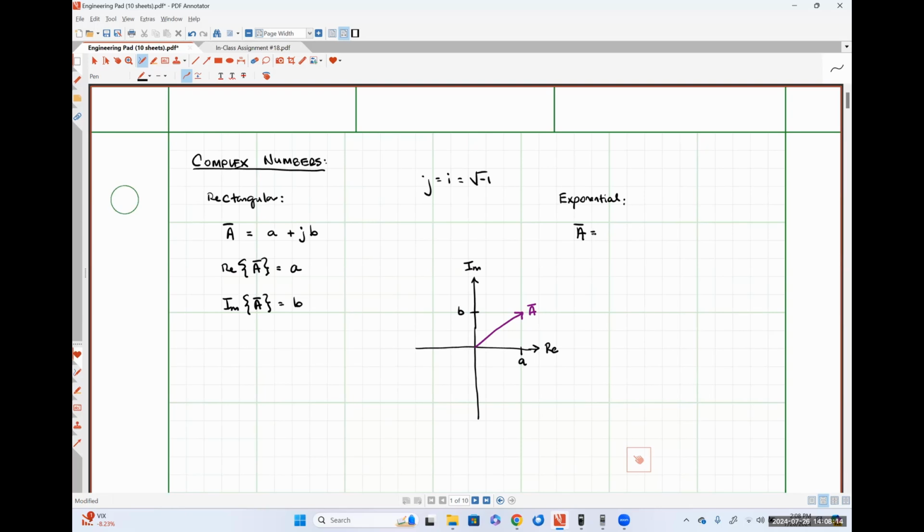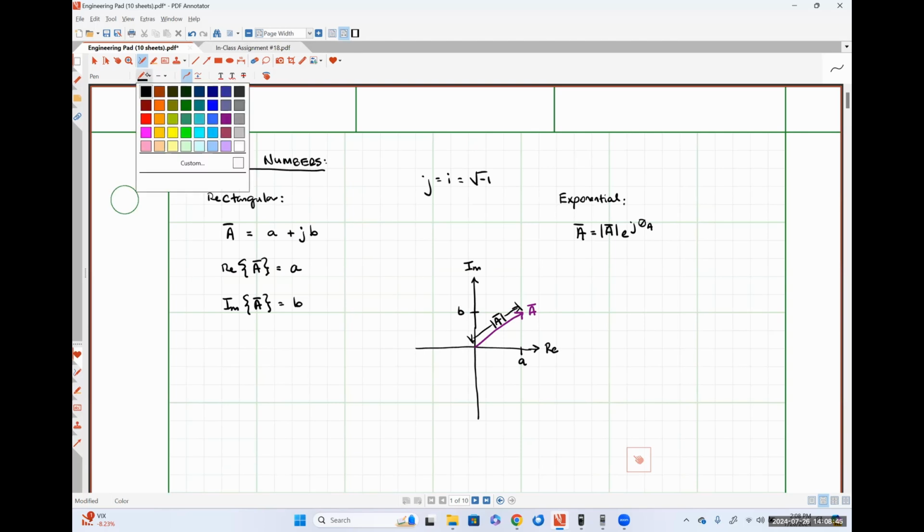A is going to be equal to some magnitude or length of our vector A, e to the j theta A. So that length is simply the length, and then theta A is simply the angle formed between the positive real axis and our complex number.